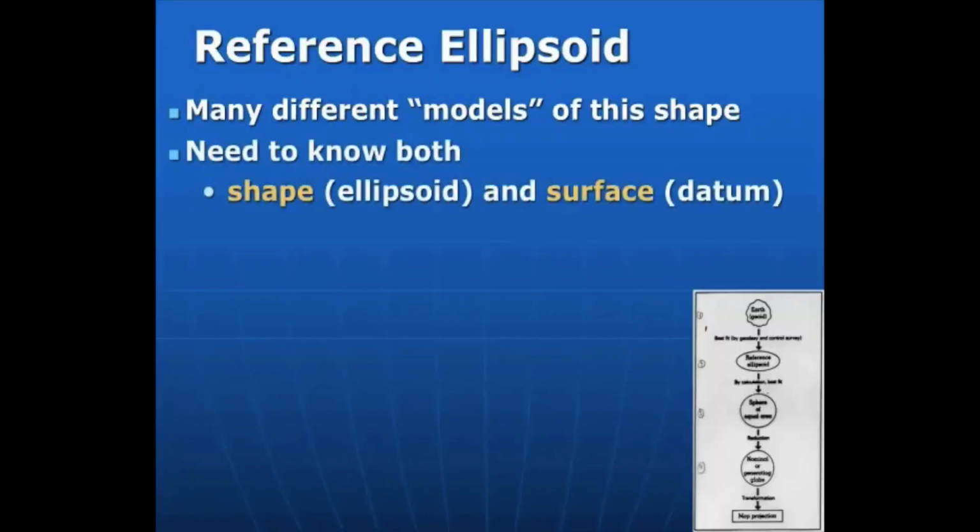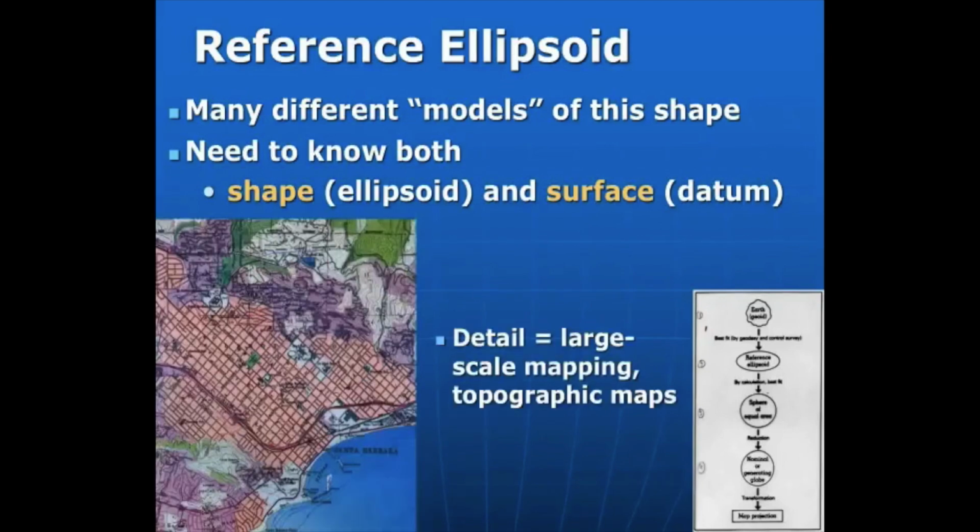So there's different models of this shape, different reference ellipsoids, but we need to also use a datum with the reference ellipsoid. So we need to know our shape and our surface. A geoid is really precise when we're using it to track satellite motion for the GPS satellites, or targeting smart bombs, or doing extremely precise surveying for, let's say, erosional purposes in the Grand Canyon.